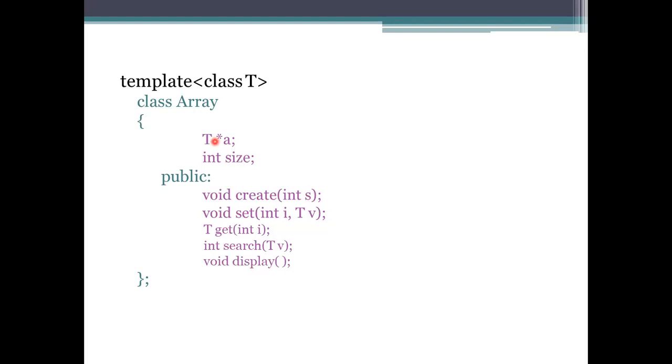The template is class T, with capital T. In this array, we use the type mentioned while creating the array, and the size has to be read and passed to these operations. Here we are using five such operations.